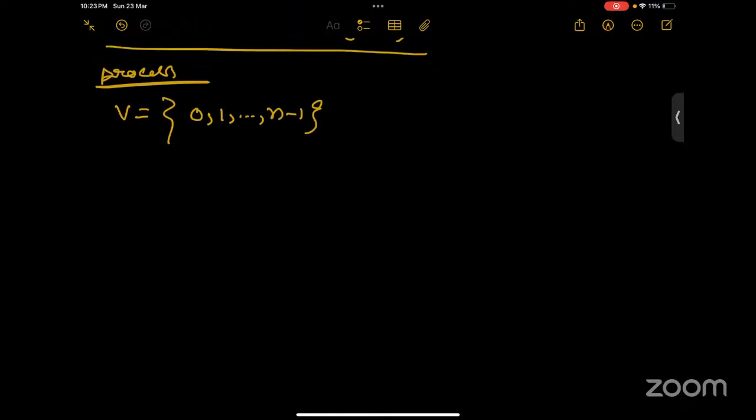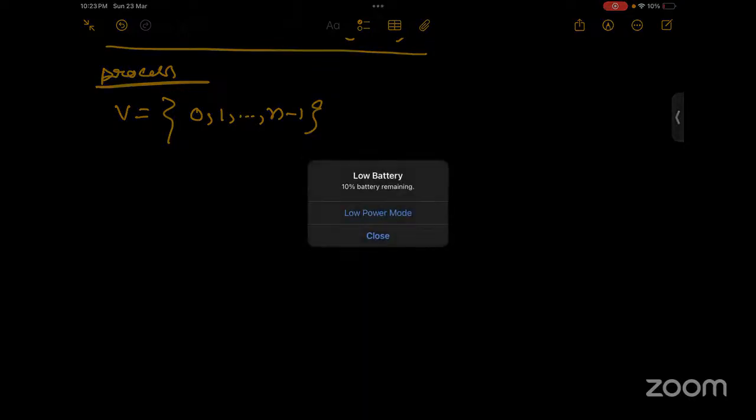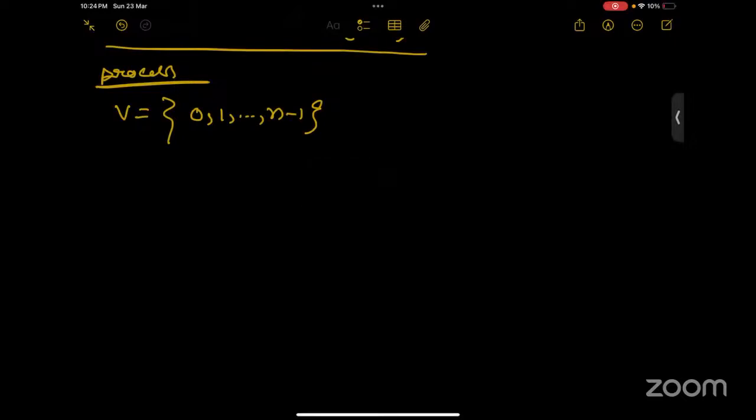Here we have to consider a chart of visited vertices.